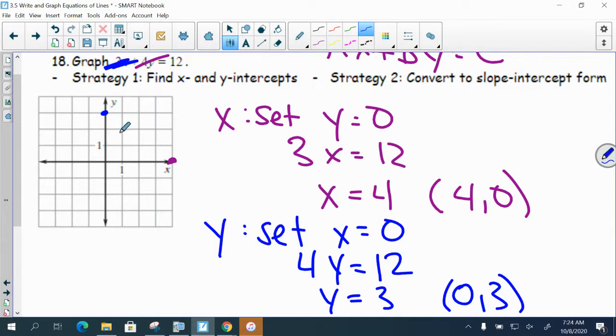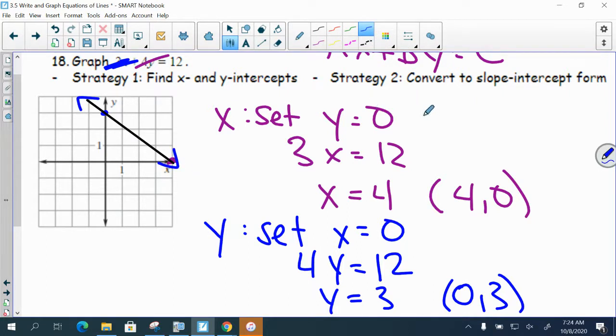When you're doing this in Edulastic, you would just use the line tool, plot a point here, and then plot the next point here, and it should automatically create a straight line. But when you're doing this in your notes, make sure that you are using graph paper and a straight edge to graph your line. All right, and lines have arrows.